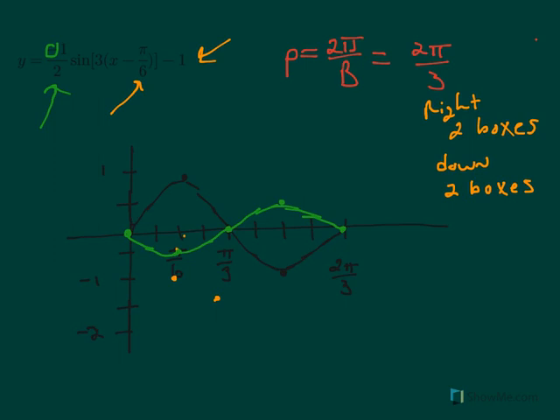And the third point will go 2 to the right and 2 down. And then 2 to the right and 2 down. And we're going to go 2 to the right, so we're going to need some more horizontal scale. So we're going to go 2 to the right and 2 down.